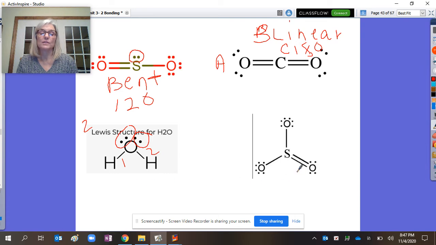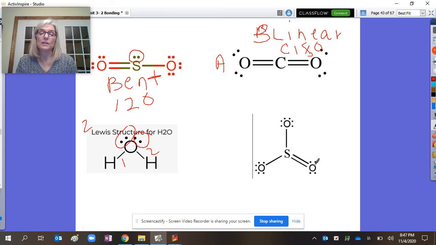All right, let's look at this one. And this one would have been a resonance because we have a double bond here. We also could have had it here, or we could have had it here. So we would have had to have drawn this 3 different times. All right, as you can see on sulfur, there's no unshared pairs, so that's 0.